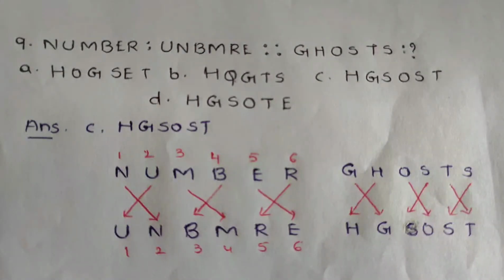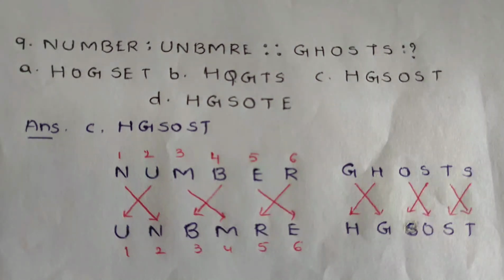So similarly, following the same method, to find out what answer comes for GHOSTS, we have to divide this into three pairs. So the first pair is GH, second pair is OS, third pair is TS. In the first pair, we are going to change the positions of G and H. So H will be written in the first place and G in the second place.